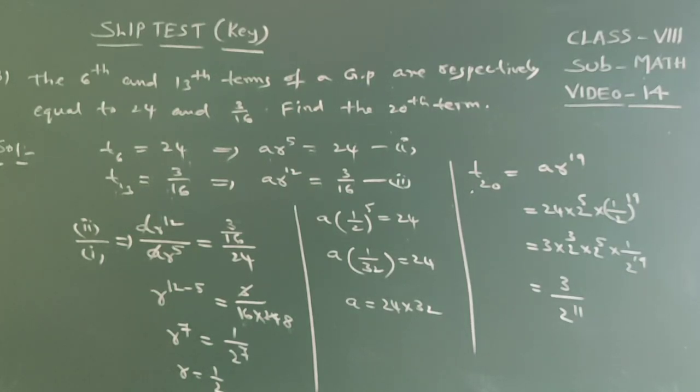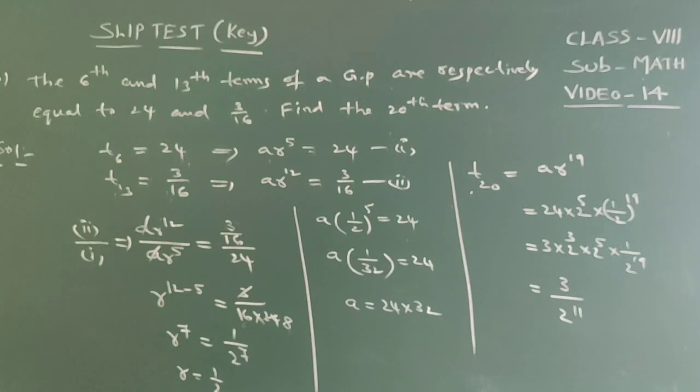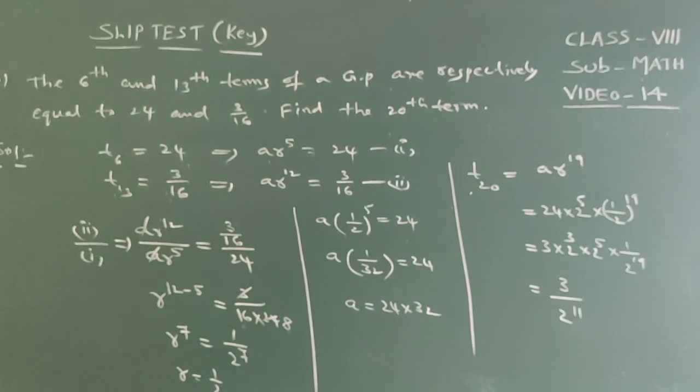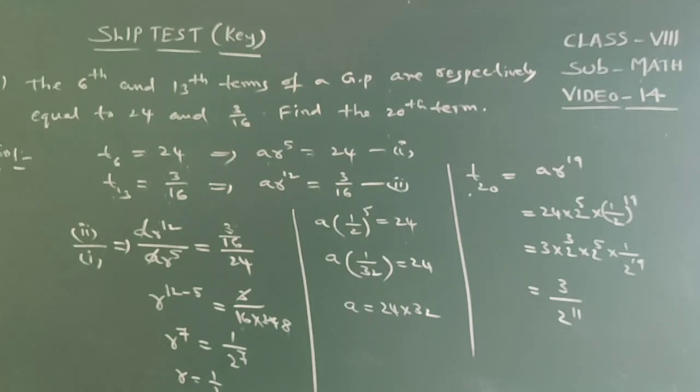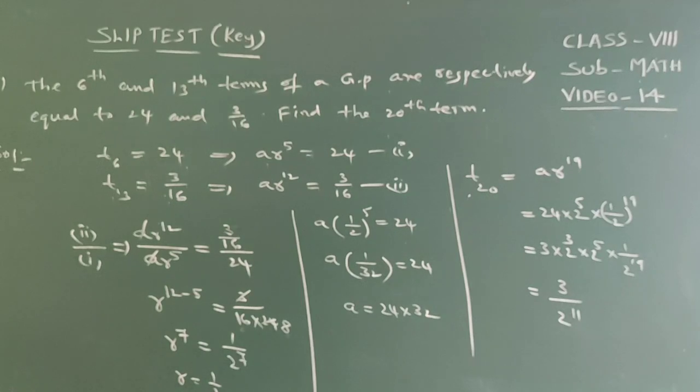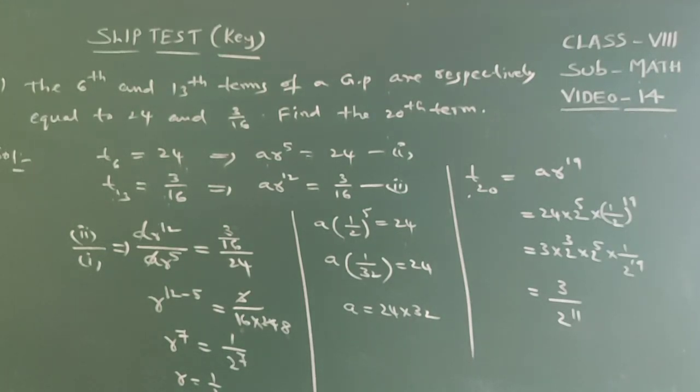So here a means 24 into 32. 32 means 2 power 5, r power 19 means 2 power 19. 24 means 3 into 8, 8 means 2 cube into 2 power 5, which makes 2 power 8, into 1 by 2 power 19, means 3 by 2 power 11. 3 by 2 power 11 is the required answer.